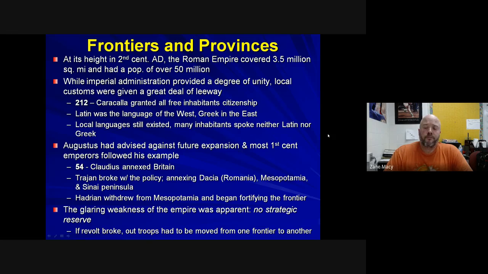A lot of the inhabitants, if they weren't going to come into contact with government officials, or with soldiers on a regular basis and need to communicate, there was no need to learn Latin or Greek.